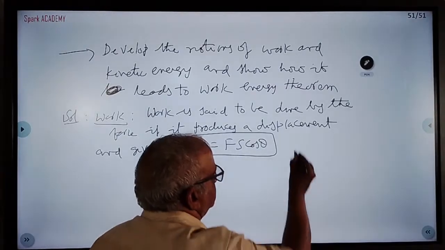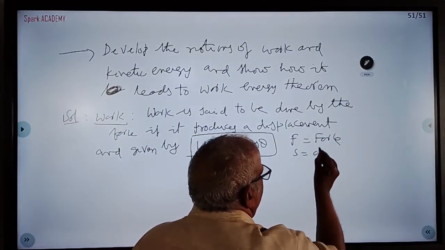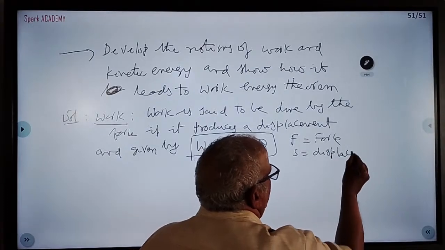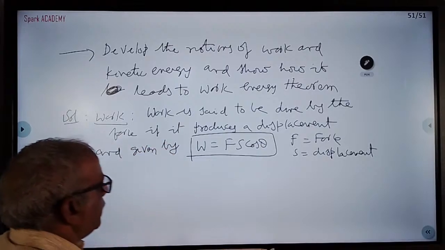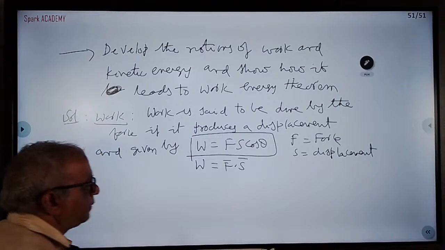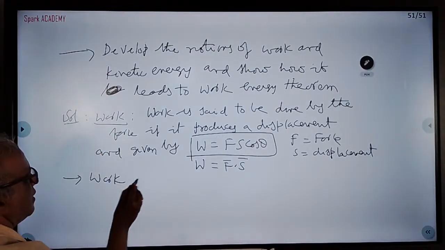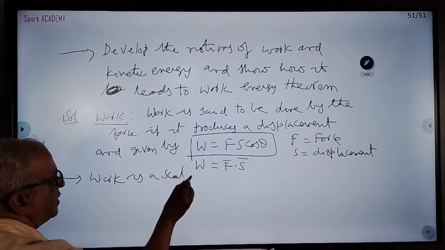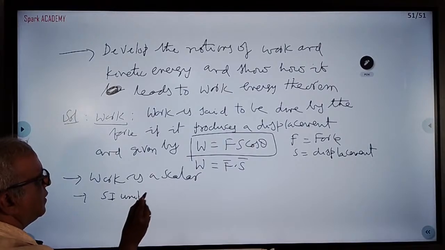What is F? Force. What is S? Displacement. Theta is the angle between F and S. You can also write it in dot product form, F bar dot S bar. Work is scalar. The SI unit is joule.